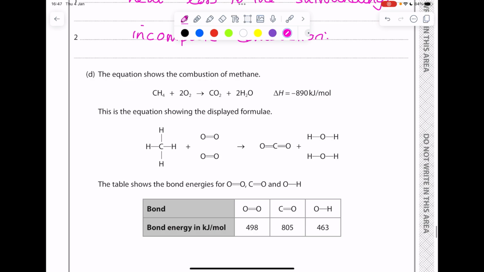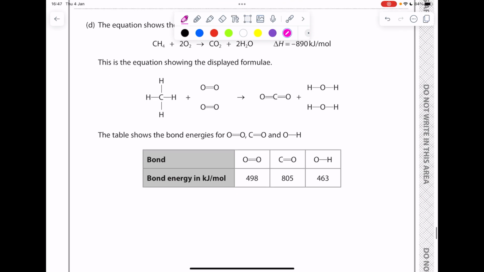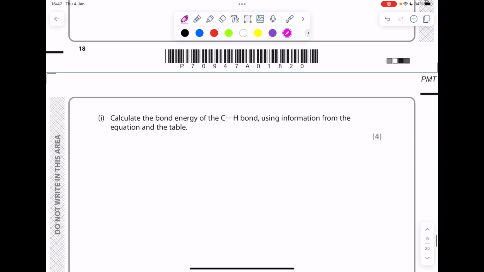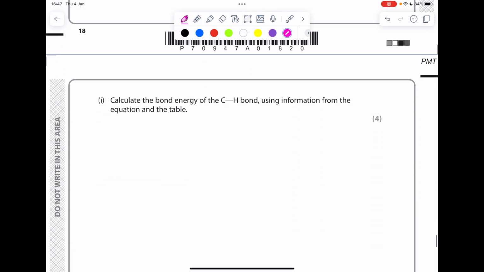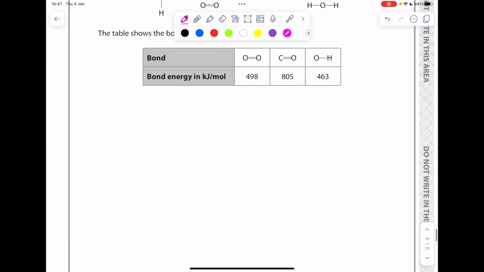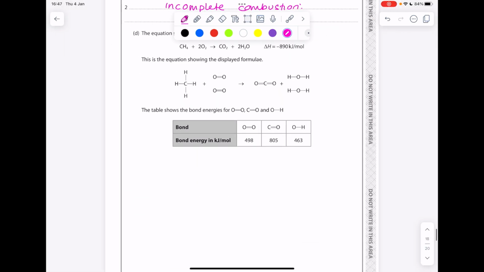The equation shows the combustion of methane. This is the equation showing the displayed formula. Calculate the bond energy of the C-H bond using information from the equation and table. So we're being asked about these bonds here. So the way you do this is you do bonds broken minus bonds formed. So let's list those bonds broken.